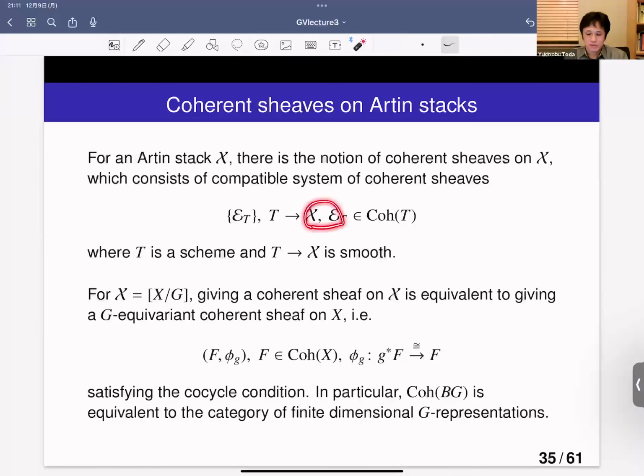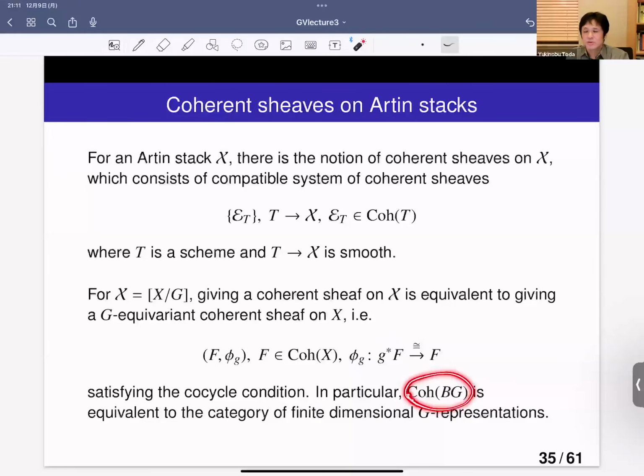Giving a coherent sheaf on X is given by the data of coherent sheaves at each smooth map from a scheme T, satisfying some compatibility conditions. So for example, in the quotient stack case, giving a coherent sheaf on this stack is equivalent to giving a G-equivariant coherent sheaf on X. So this is a pair of a coherent sheaf F on X, and also an isomorphism between g^*F and F, satisfying the cocycle condition.